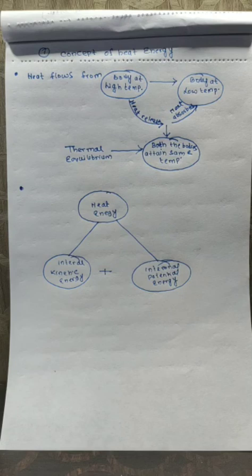So if we add them together, the internal kinetic energy and the internal potential energy, we get the heat energy possessed by the substance. So in short, what is heat energy? Heat energy is nothing but the sum of the internal kinetic energy and the internal potential energy possessed by the molecules of a substance.